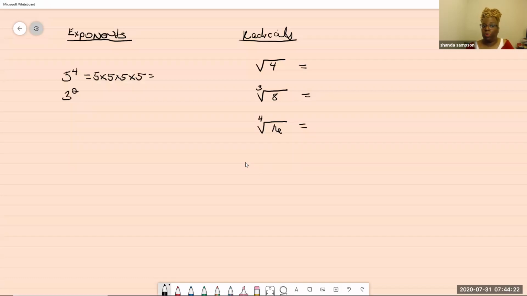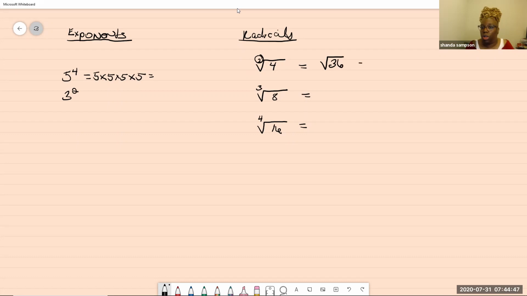All right, so we put in 5 to the 4th, we put in 3 squared. I just wrote some down here so that you can practice. So now we want to talk about radicals. A radical means a root, some kind of root. When nothing is written there, it's understood to be a square root. So the square root of 36 is equal to 6.